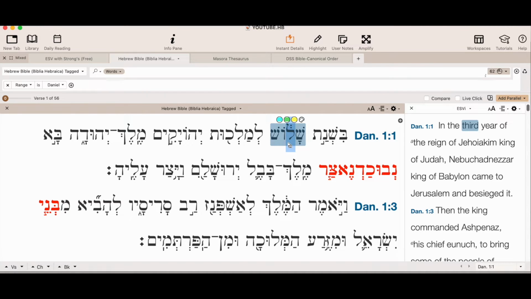Above the lamed, if you're not familiar with the cantillation marks or the accent marks, the one that you see here highlighted, which looks like a schwa above the lamed, okay, this is a zakef katan, and the zakef katan is one of the most common disjunctive accents. And so what we see here is a pattern of conjunctive accent on bishnat, and then shalosh has a disjunctive.